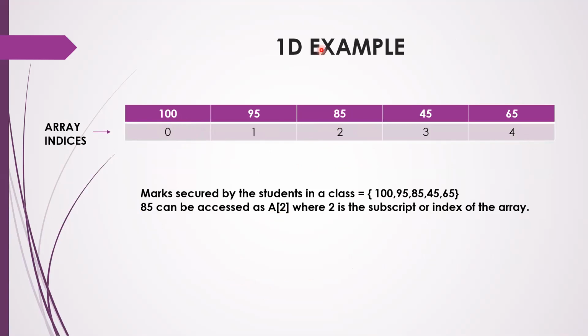When I give A of 2, I get the marks 85. If I want the fifth student's mark, I have to give A of 4. The marks secured by the students in the class are 100, 95, 85, 45, and 65. So 85 you can access by giving A of 2, where 2 is the subscript, or the index of the array.